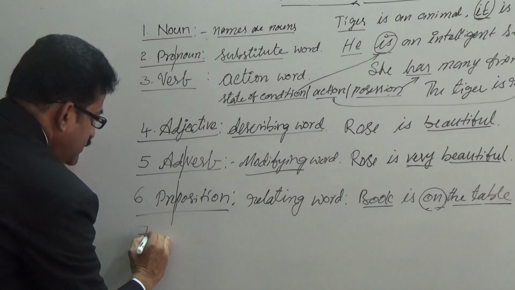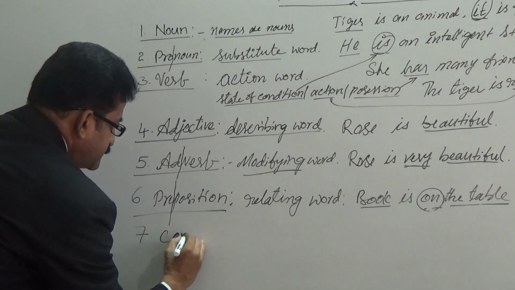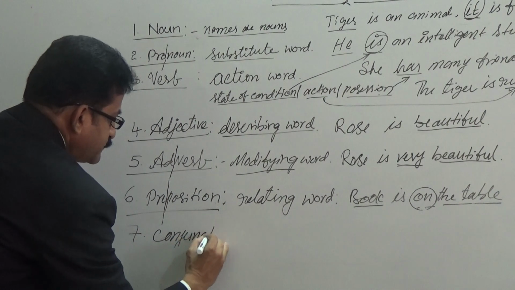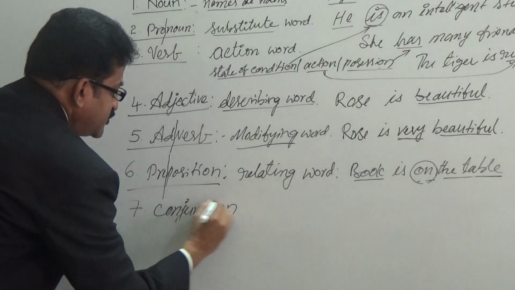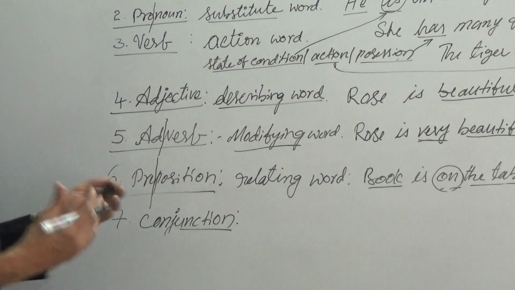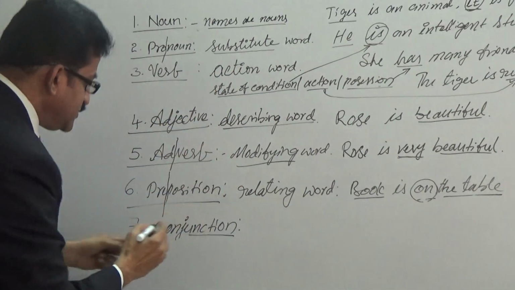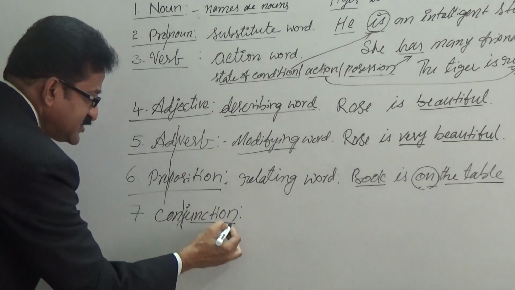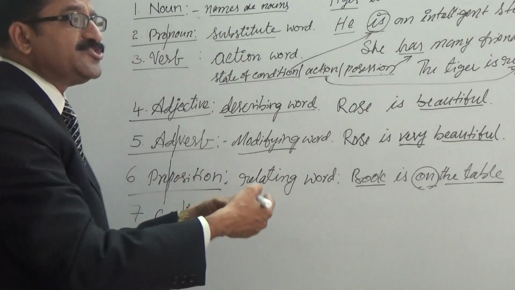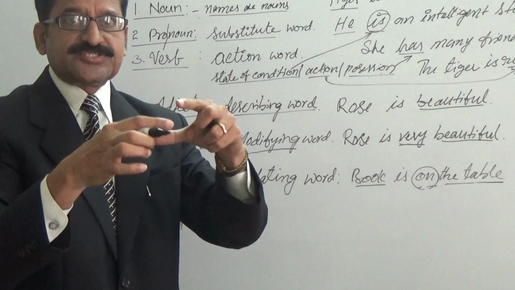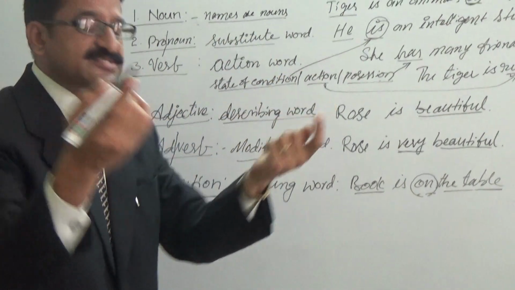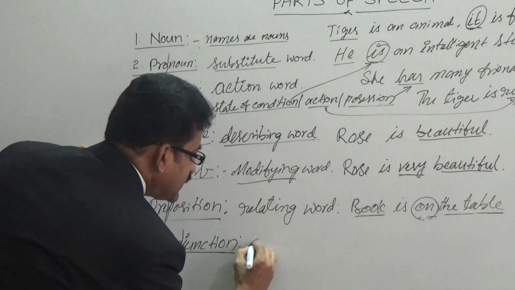And the seventh one is conjunction. A junction means a place where two or more things join together. Conjunction is a connecting word, a word used to connect two or more words or sentences into one.